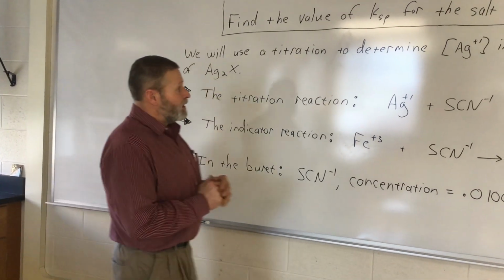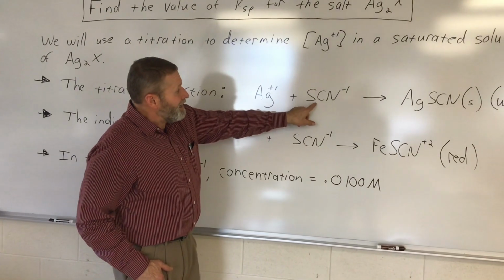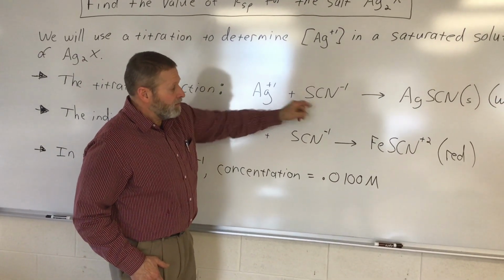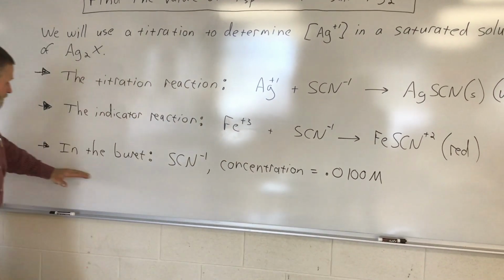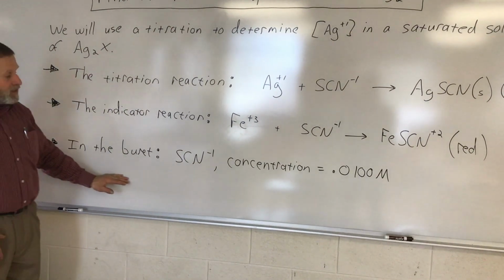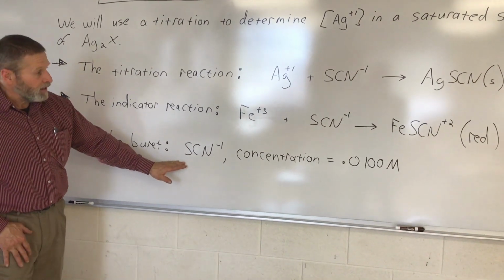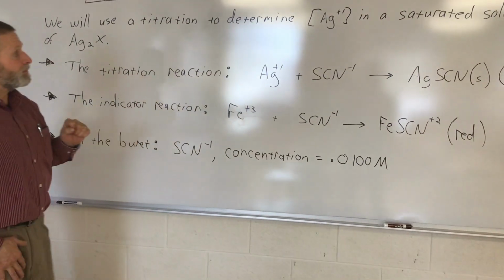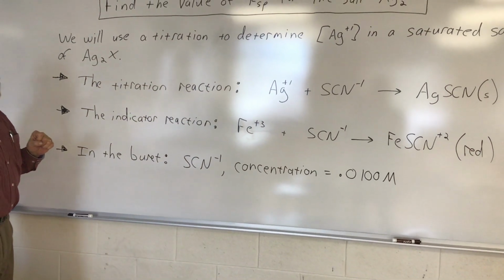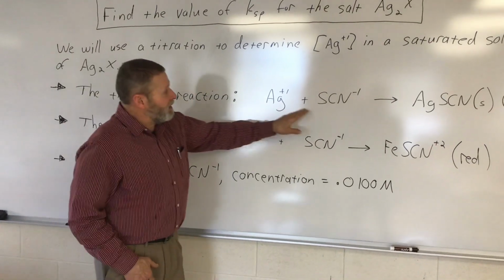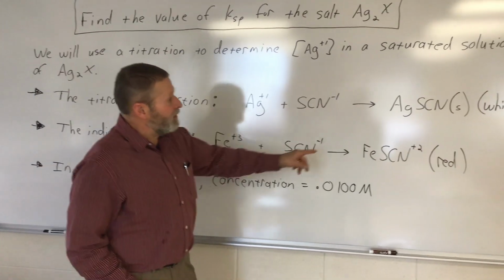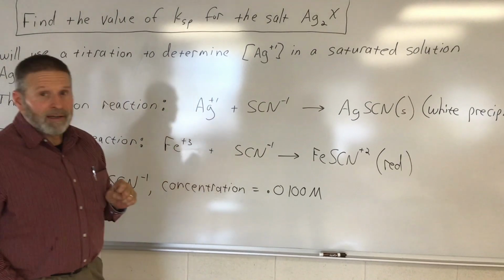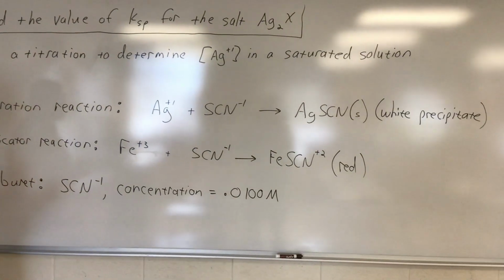Now, here is the titration reaction. We're going to put some thiocyanate into the burette, and whatever's in the burette, you have to know the concentration of, and it is 0.0100 molarity. The silver ion and the thiocyanate ion get together to make AgSCN, which is a white precipitate.